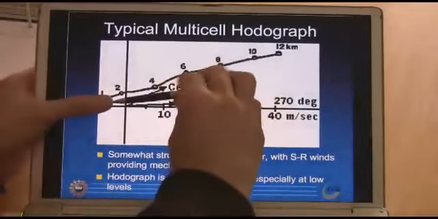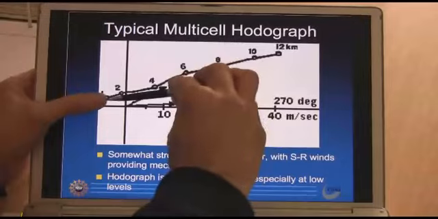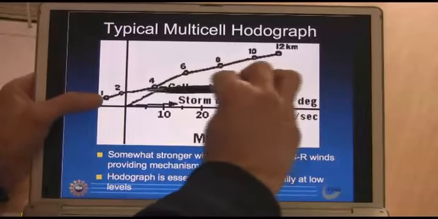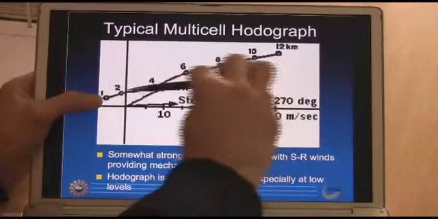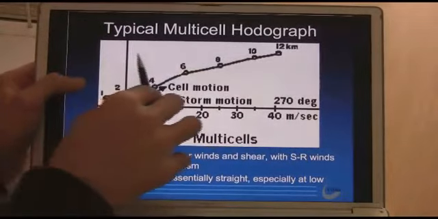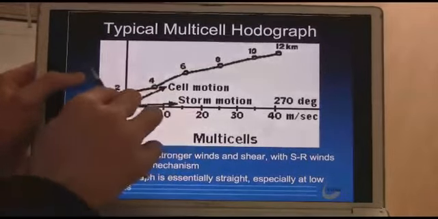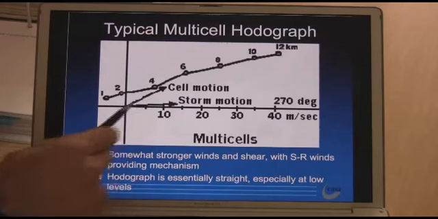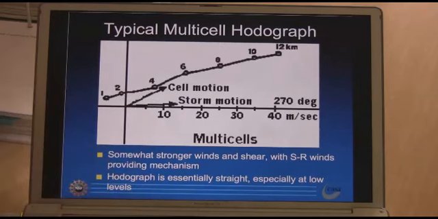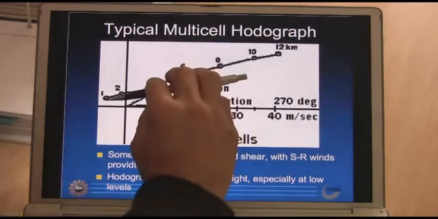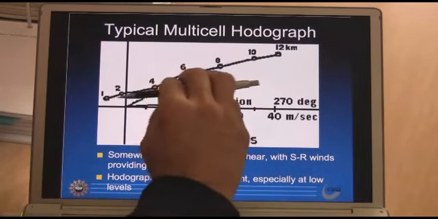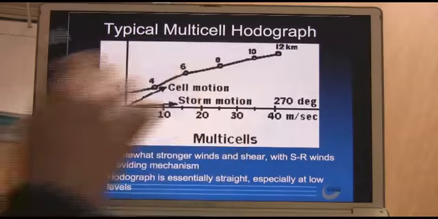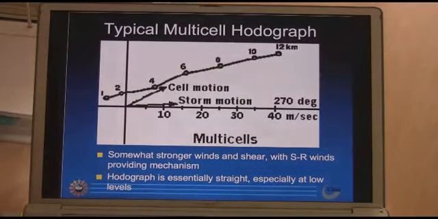The storm relative winds are like this at 1, at 2 and at 4. Notice that the storm relative wind vectors are like this, but the horizontal vorticity vectors are like this, right? 90 degrees to the left of the shear vector. So they're almost perpendicular. What did we say we wanted for strong rotating updrafts? We wanted alignment of the storm motion, the cell motion, and the horizontal vorticity vector. Well, there's almost none. In fact, if you think about the helicity, what's the area swept out between this wind vector, say between 1 and 2? It's almost nothing. There's almost no area at all. So this has very, very weak helicity.